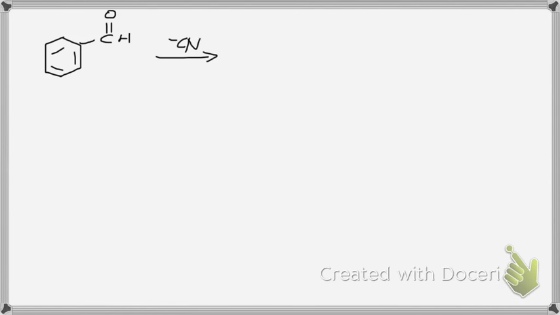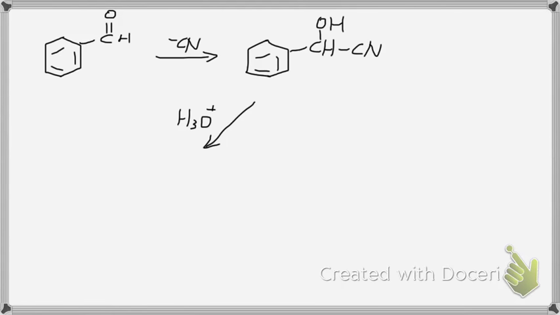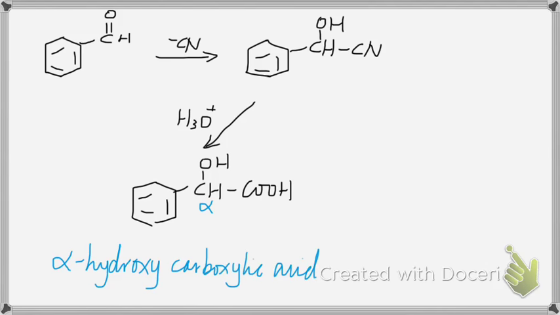So this makes the formation of cyanohydrin very useful. Say we have benzaldehyde, and the cyanide reacts with it to give this cyanohydrin. Now, if we hydrolyze the cyano group here, it gives a carboxylic acid.